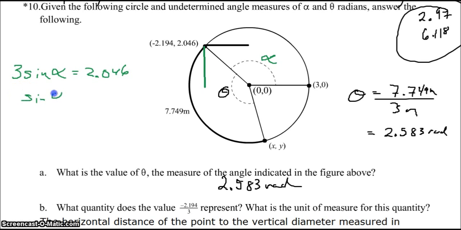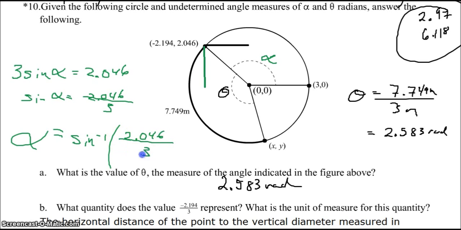So sine of alpha will equal 2.046 over 3. We can find alpha as the inverse sine of 2.046 over 3, which is 0.750 radians.